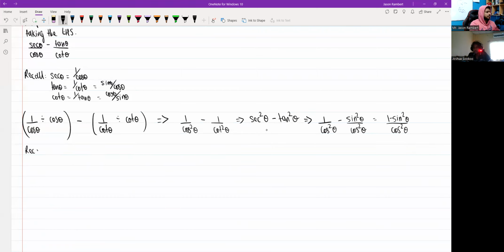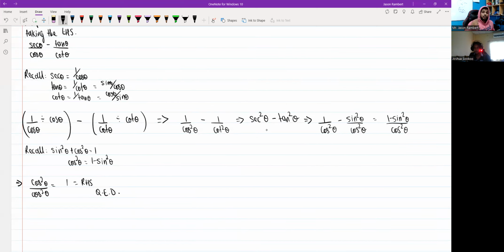I recall sine squared theta plus cosine squared theta is equal to 1, so cosine squared theta is 1 minus sine squared theta. My identity now turns into cosine squared theta over cosine squared theta, which is equal to 1, the right hand side. Quod erat demonstrandum.